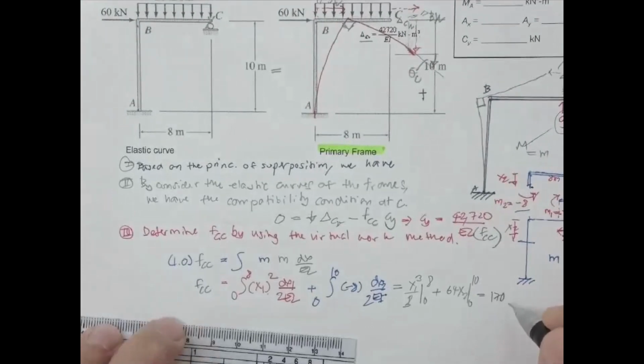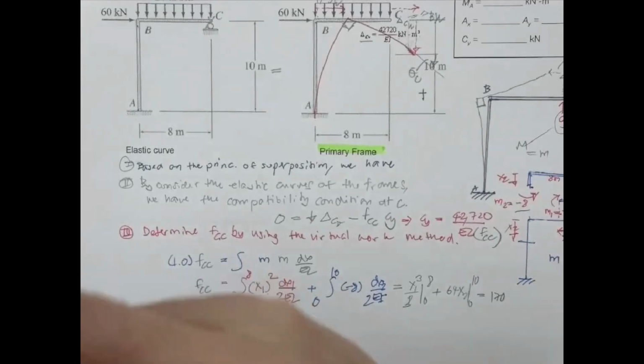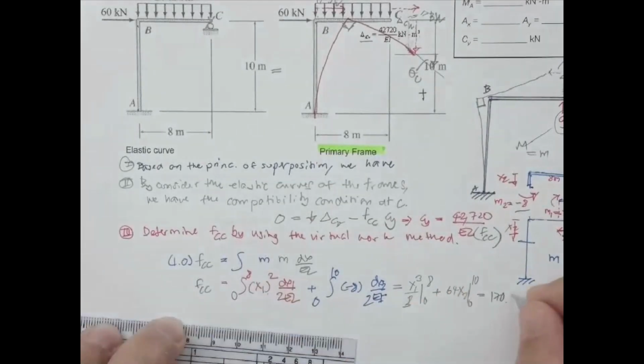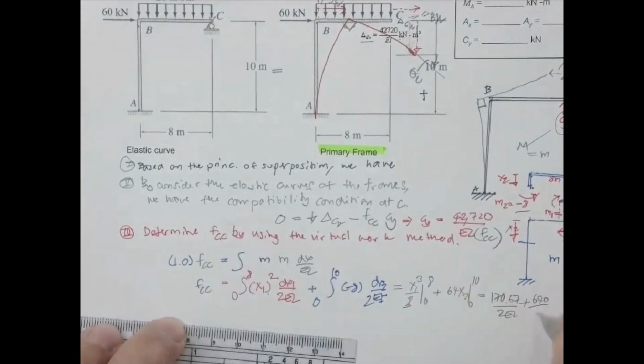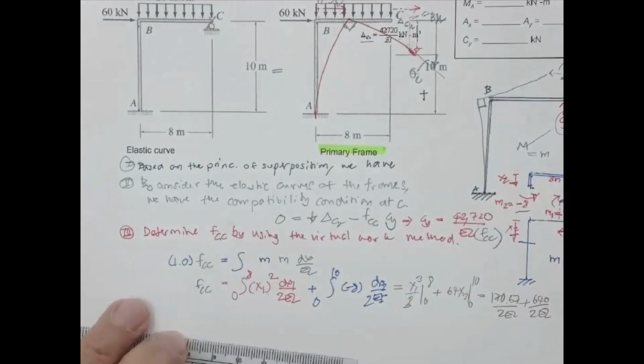You should have this one to be 170.67 divided by 2EI plus 640 divided by 2EI, and then you have this one to be 405.33 over EI.